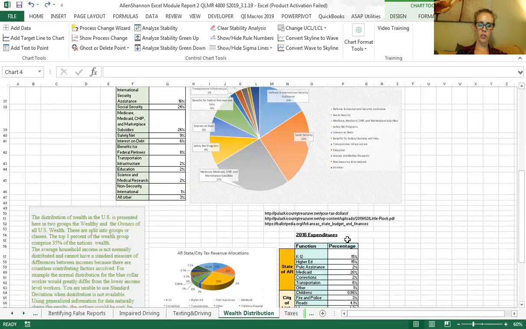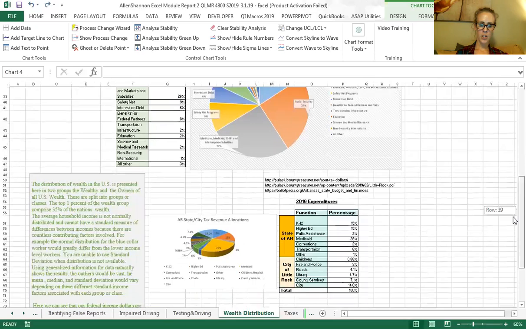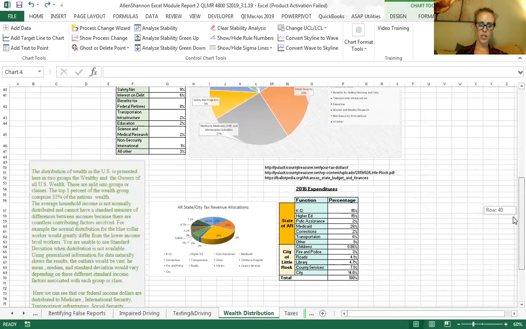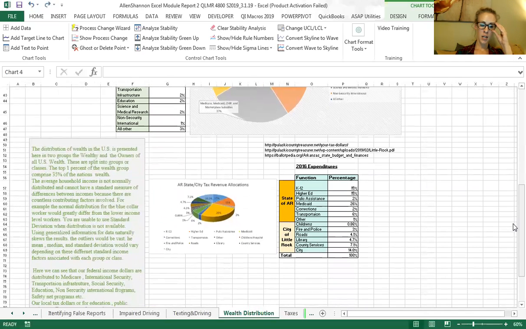It's important to note that you're unable to use standard deviation when distribution is not available. Using generalized information for data naturally skews the results. The outliers would be vast. The median, the standard deviation, all of those would vary depending on the different standard income factors that are associated with each group or class.